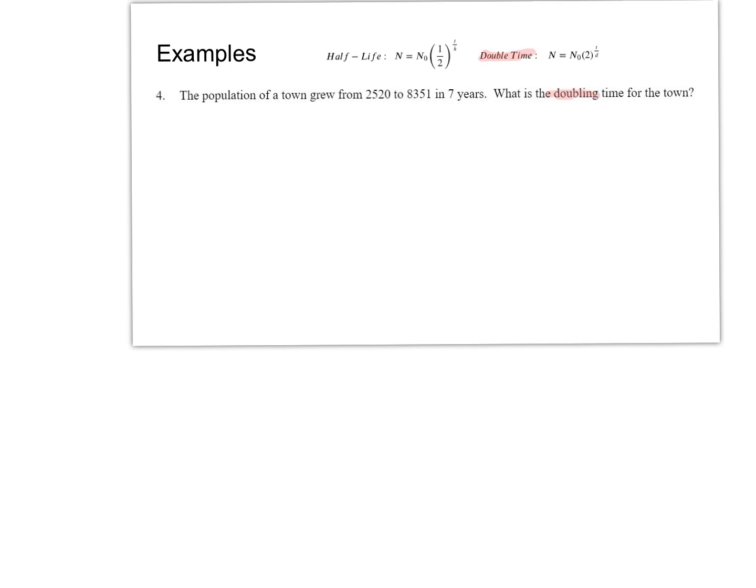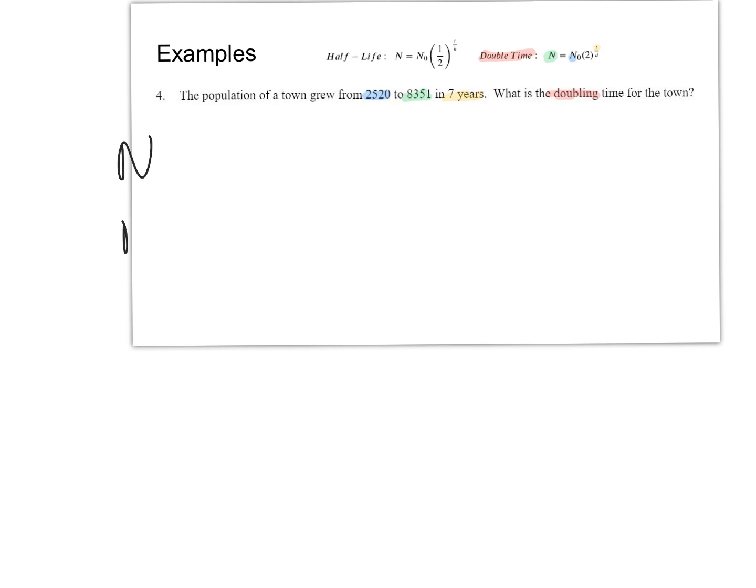Okay, so here we go. We know that a town grew from 2,520, so that's NO, to 8,351, that's the newer value, and the time they give us is 7 years. Okay, so we're going to be looking for d, which means, sadly, we're going to be doing another logarithm. Okay, but we'll get there when we get there. So let's do what we need to do.